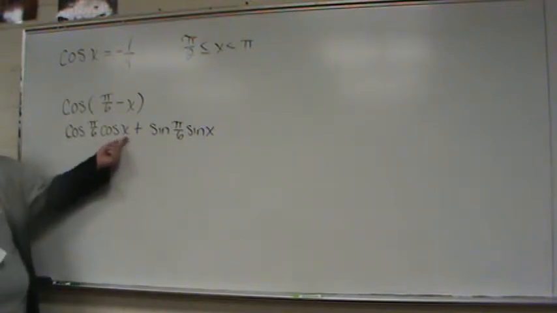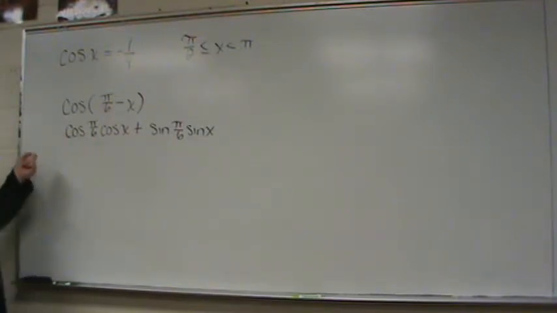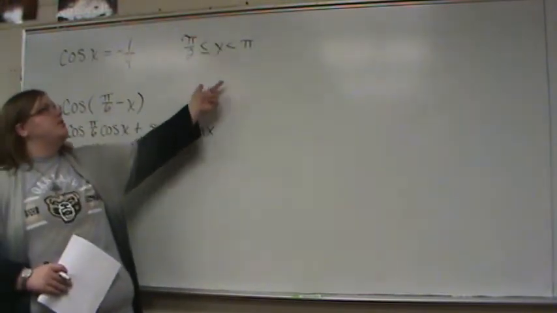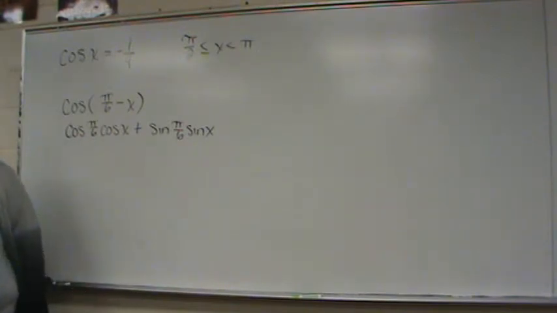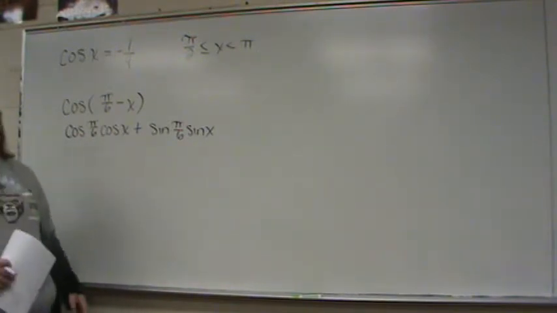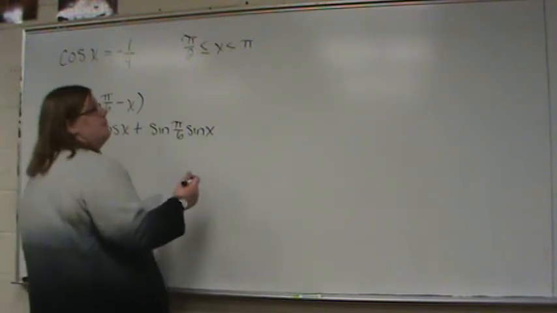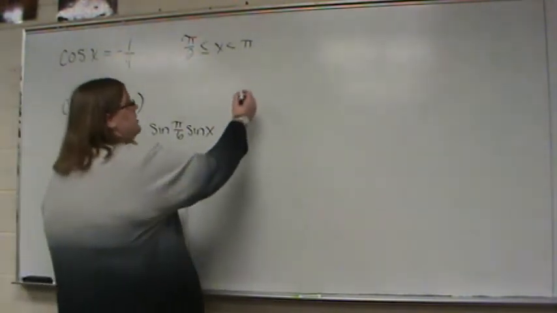Now we have to figure out what this x is. We're told that x value is between pi over 2 and pi. So where does that tell us we are? We're in the second quadrant.